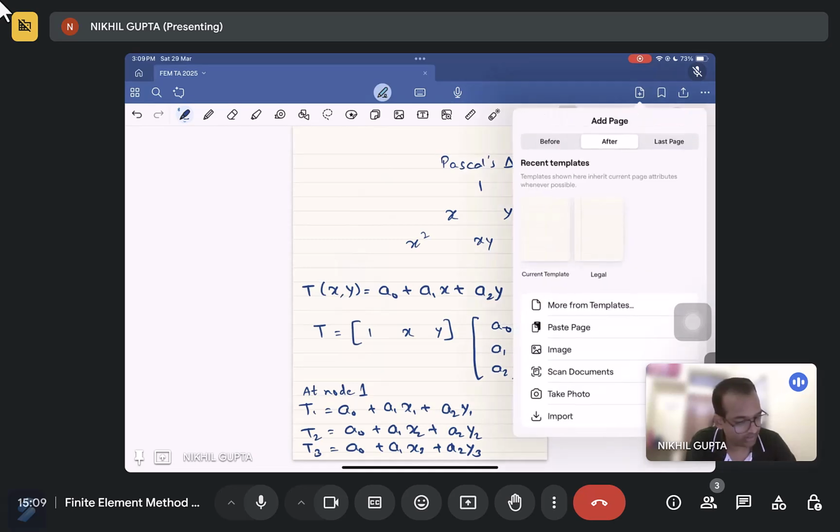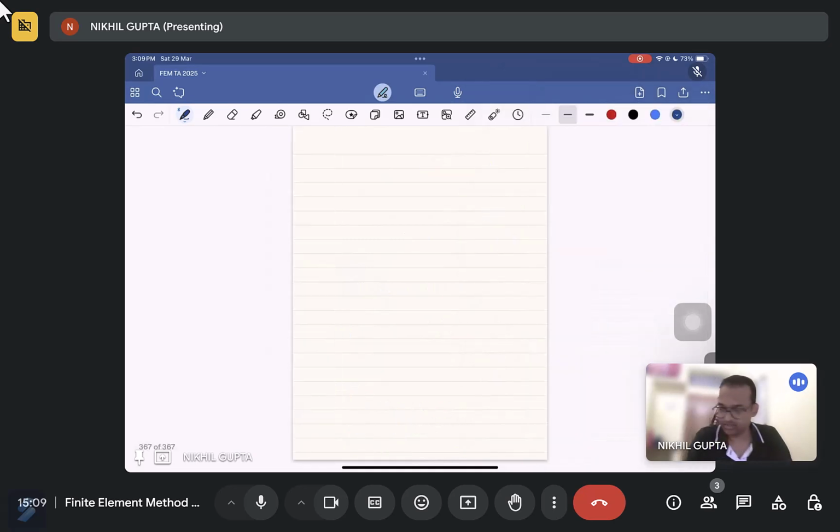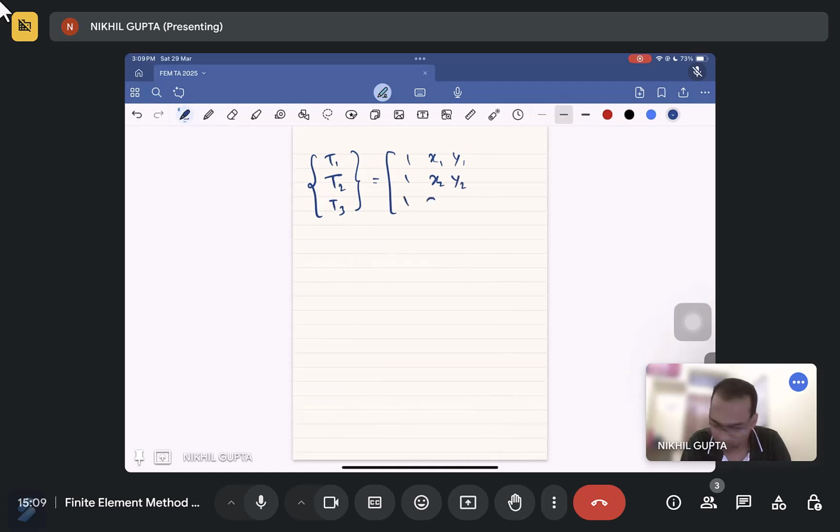What I am doing is getting the shape function of this element. So we can write this as t1, t2, t3 with 1 x1 y1, 1 x2 y2, 1 x3 y3 with a naught, a1, a2.